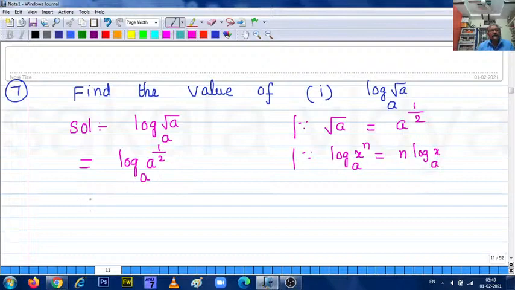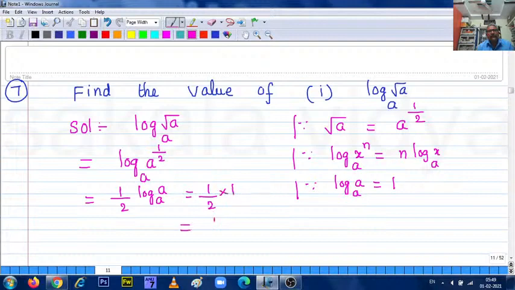So this equals, we can write half times log a to the base a. And one more formula we have. Logarithm of same number to the same base itself, log a base a is 1. So half into 1. So answer is 1 by 2. So you might have understood this question.